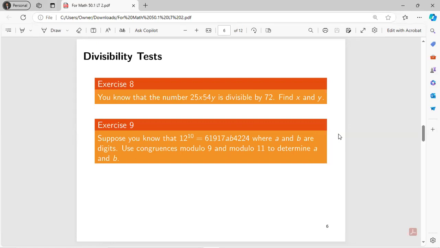And kasama dun yung pag-determine kung this number is divisible by 8, divisible by 9, 10, 11, and so forth. Ayan.